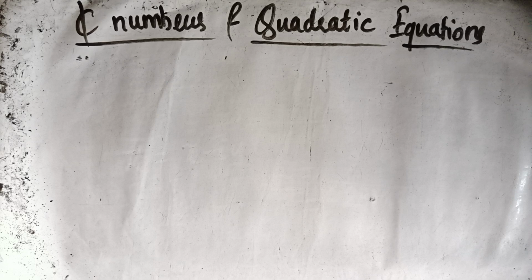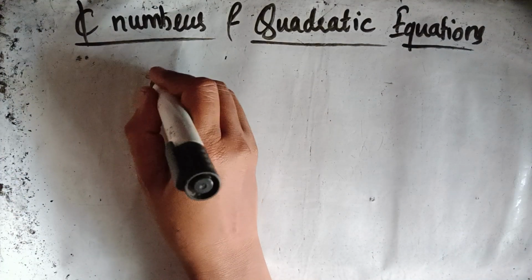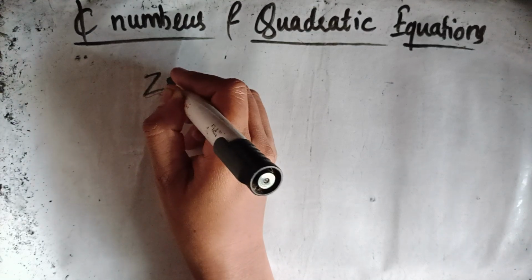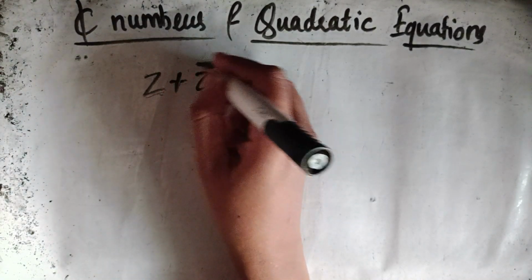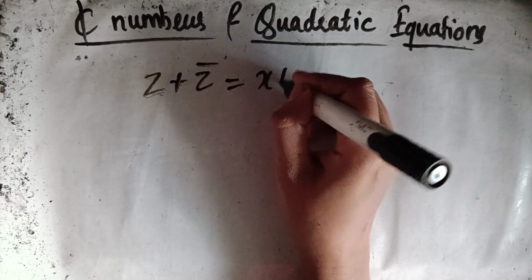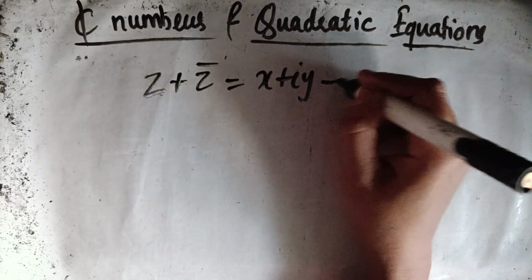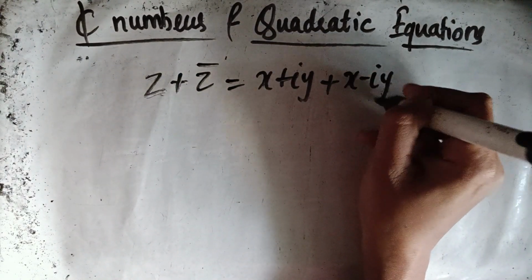And after conjugate we have: sum and product of a conjugate is a real number. That is, if you add a complex number with its conjugate, this will be x plus iy plus x minus iy, right?